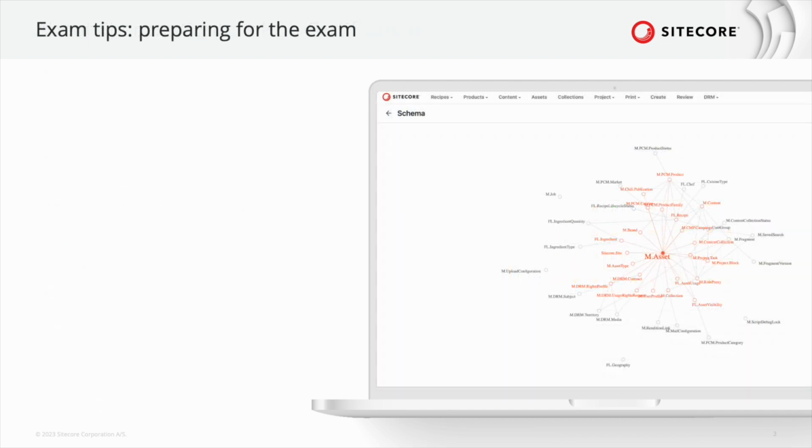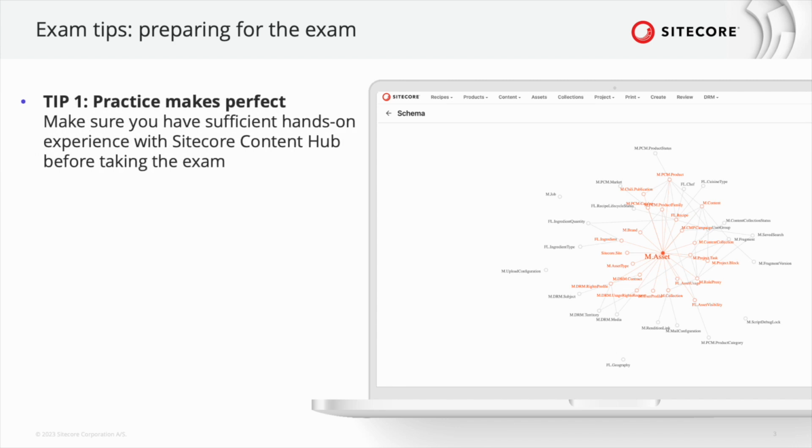Some exam tips for preparing for the exam. First of all, practice makes perfect. So make sure you have sufficient hands-on experience with Sitecore Content Hub before taking the exam. It means that you really need to get a sandbox or have practical experience at an implementation or elsewhere, or at an instructor-led training before you take the exam.